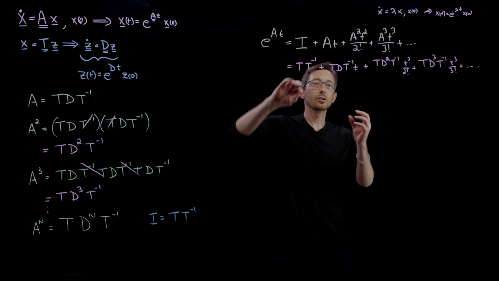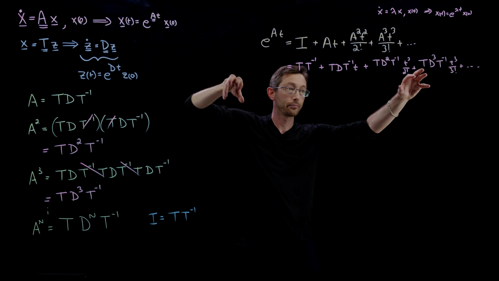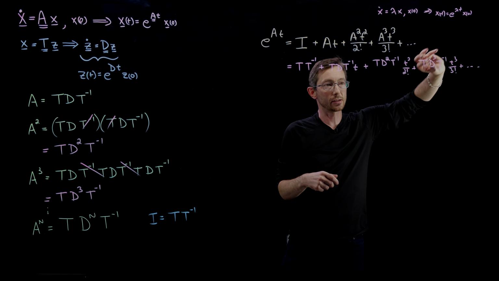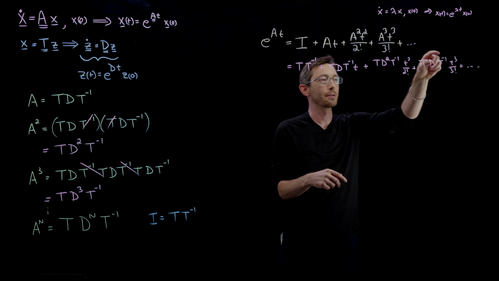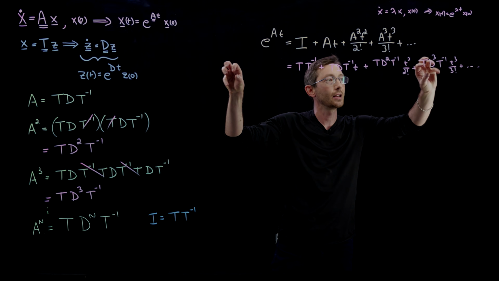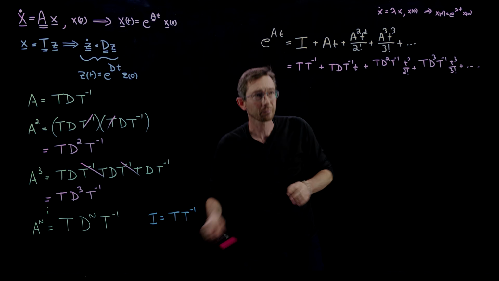And now what I can do is say that every single term in this has a big T on the left and a big T inverse on the right. This scalar thing, I can move anywhere because it's just a scalar. So the matrix part has a big T on the left and a T inverse on the right for every single term in this expansion.